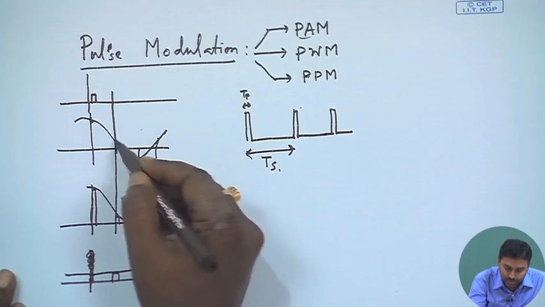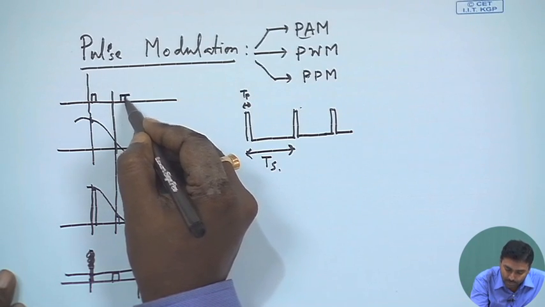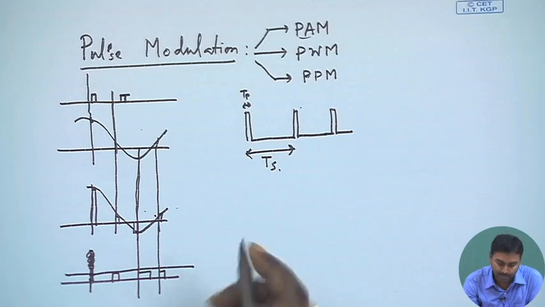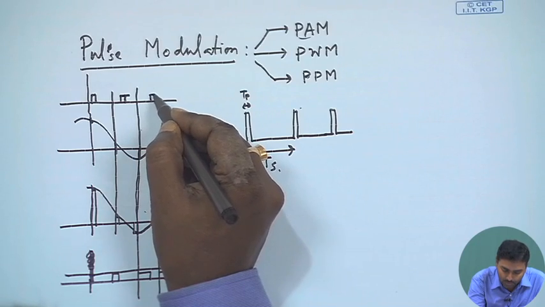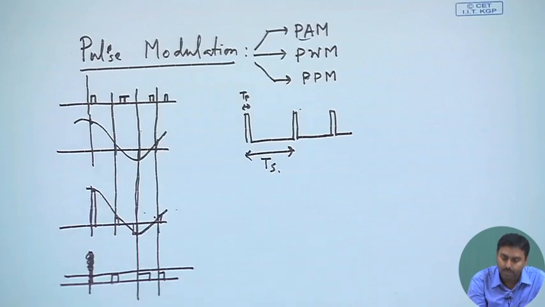At this point, because this is lower, so this will be further away, the pulse, now the width will be same, amplitude will be same, it is just the position of the pulse which is being varied. Here it is more negative, so it will go much more away from this one, again it will come closer, so something like this.